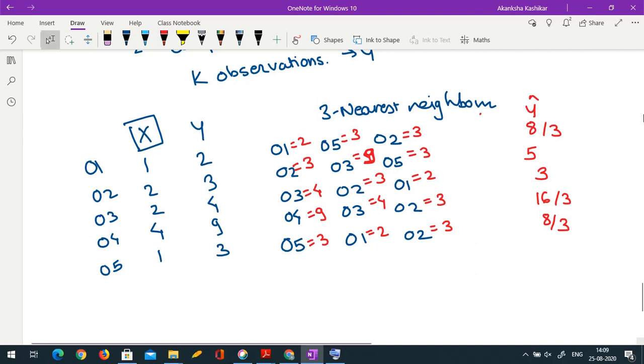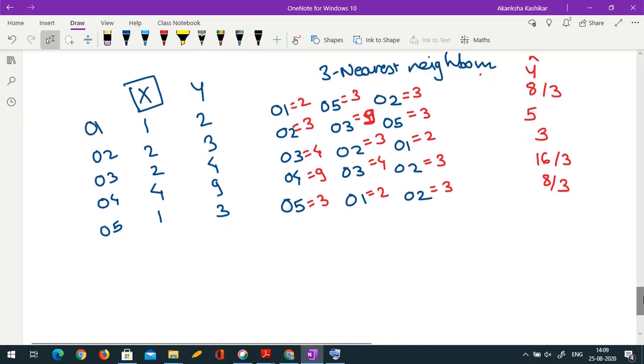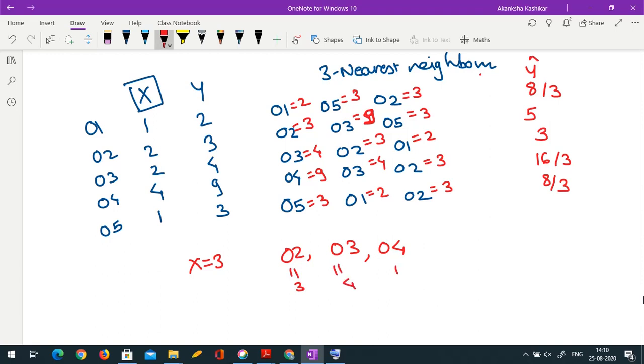Okay. And for a new observation, how do you proceed? So suppose I get new observation as say x equal to 3. Then I locate the neighbors of x equal to 3. So they are O2, O3 and O4. So I have to take response of O2, response of O3, response of O4 and then average of these 3.